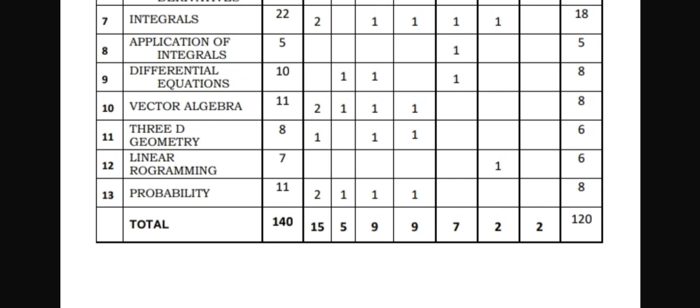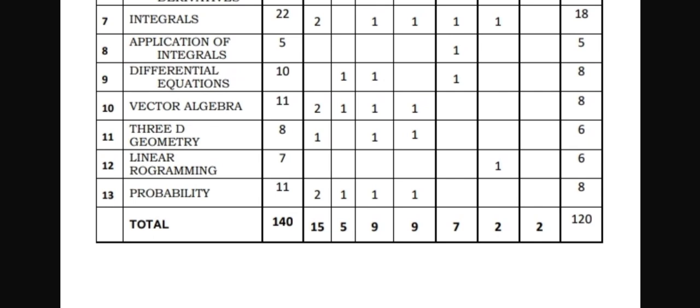Overall 3 marks of questions are on conditional probability and the independent concept. There is one 2 marks question from probability, and from the conditional probability concept one 3 marks question will be asked. Overall it carries 8 marks.